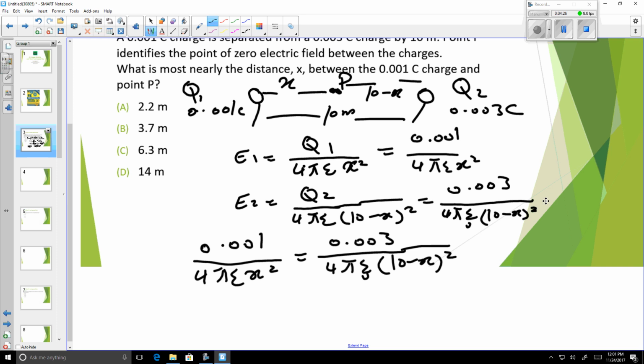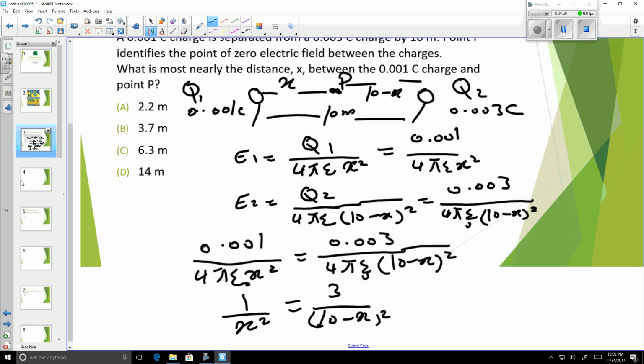Clearly the term 4 pi epsilon will cancel out, and if we multiply both sides of the equation by 1000 to simplify, we will have 1 over x squared equal to 3 over 10 minus x all squared. All I did was multiply both sides of the equation by 1000 to simplify, and the term 4 pi epsilon cancelled out from both sides.